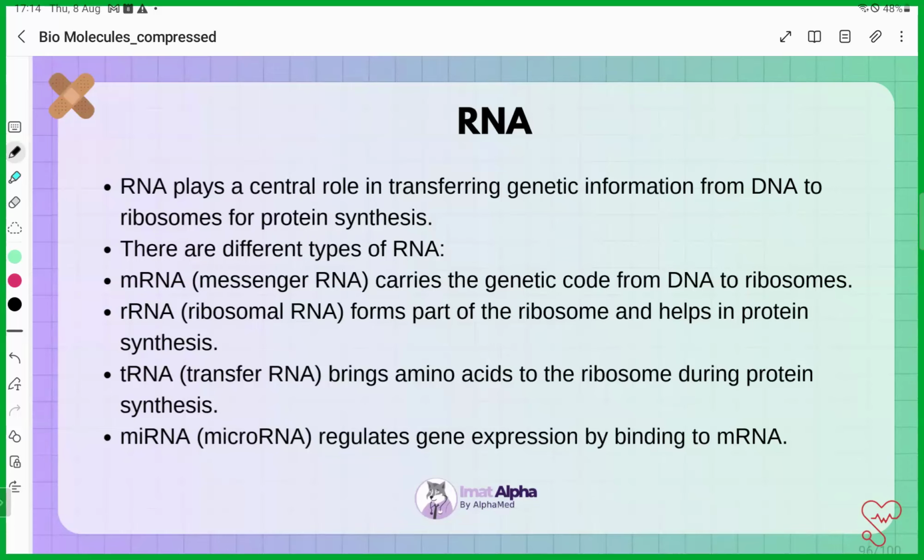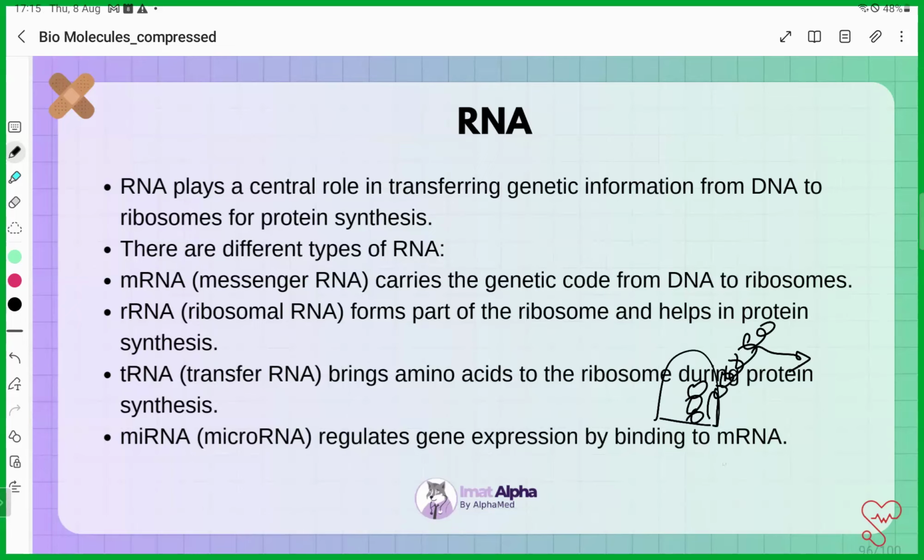tRNA, transfer RNA, brings amino acids to the ribosome during protein synthesis. So tRNA gets the amino acids inside the ribosome to end up with many amino acids creating the protein. miRNA, or microRNA, regulates gene expression by binding to mRNA.